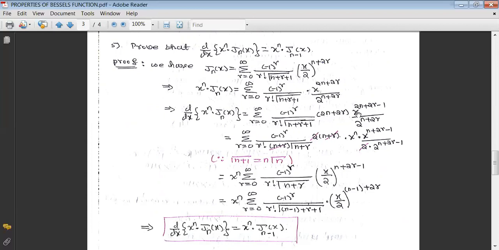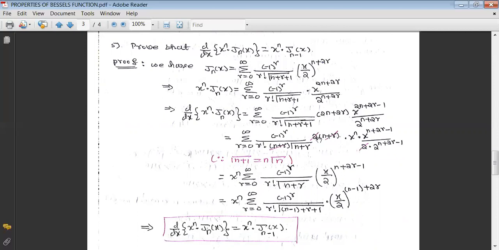Then here, this x raised to 2n plus 2r minus 1 can be written as x raised to n into x raised to n plus 2r minus 1, because the base is same. By adding the powers, we get the numerator. And again, this 2 raised to n plus 2r can be written as 2 into 2 raised to n plus 2r minus 1. Then this n plus r will get cancelled.